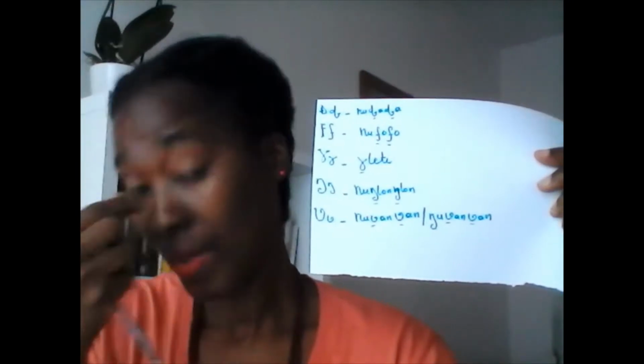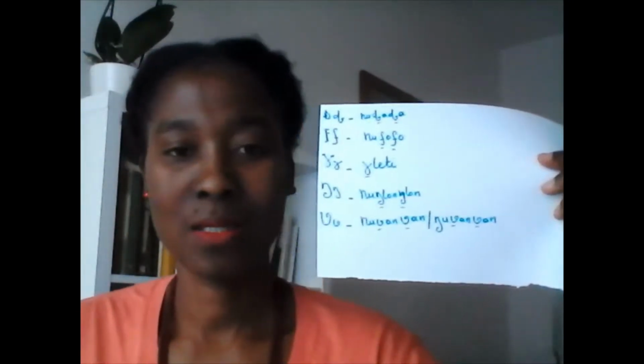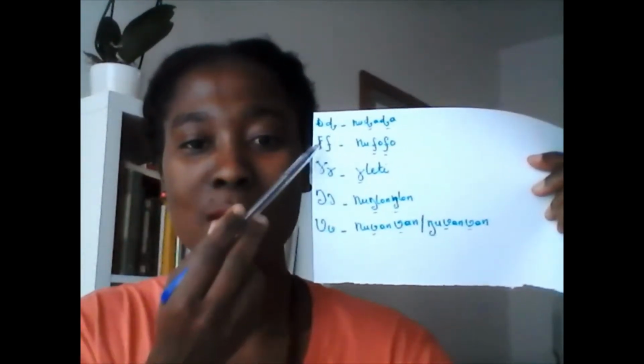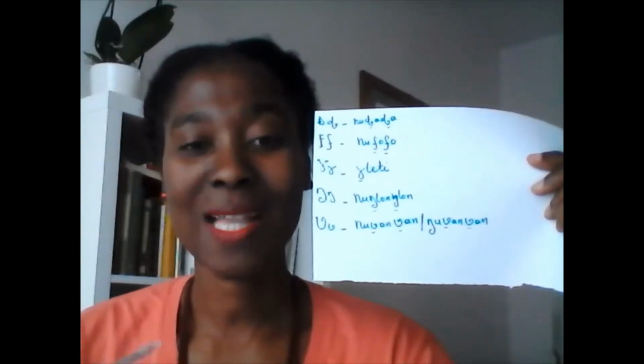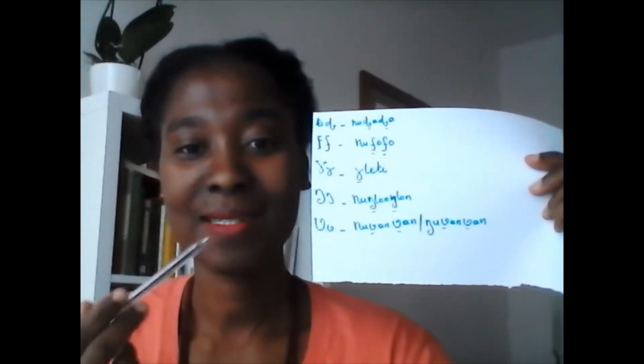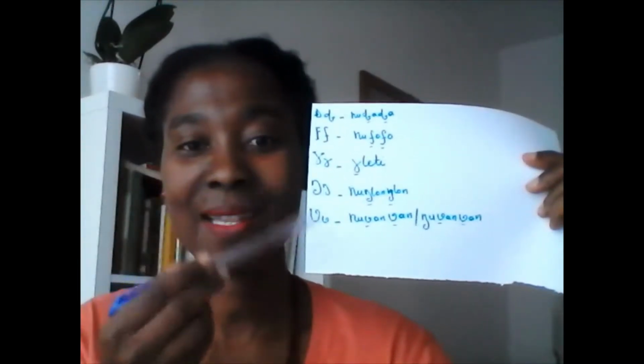So nu da da means cooking. The second one looks like F, but there is a tail under. And the first one looks like D, but there's a tail under.